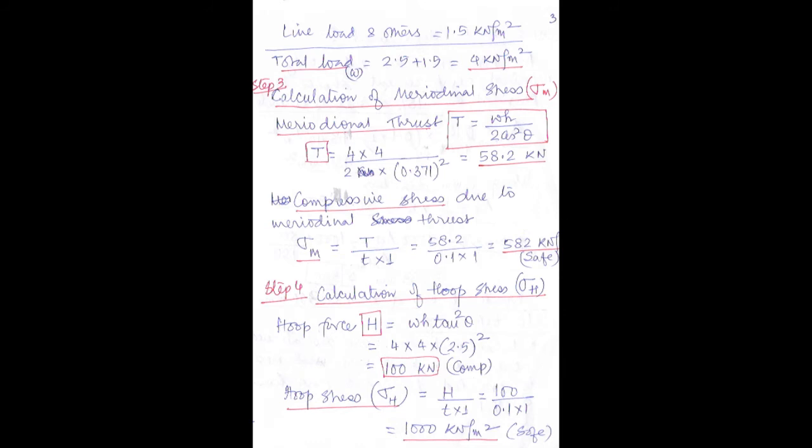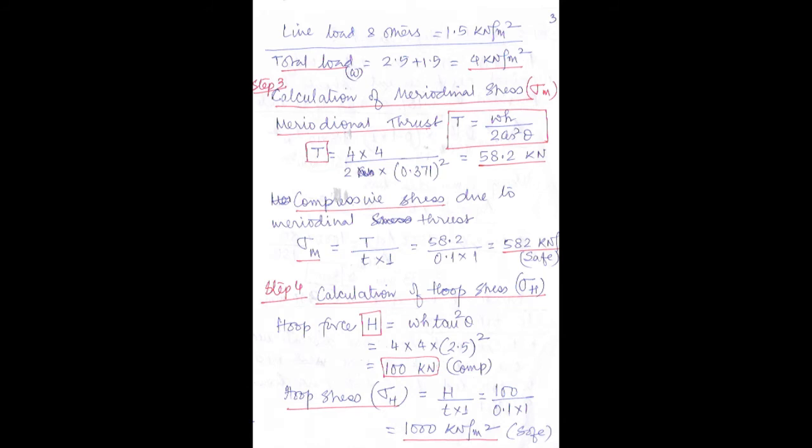Remember, this is the meridional thrust. Due to this meridional thrust, a compressive stress is generated. That is sigma m, the meridional stress. How can we find the stress value? We can find it by the load divided by the cross sectional area. T is the thickness, and 1 is the length, per 1 meter of length.